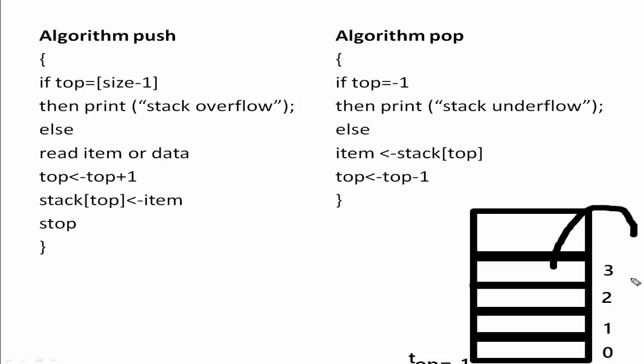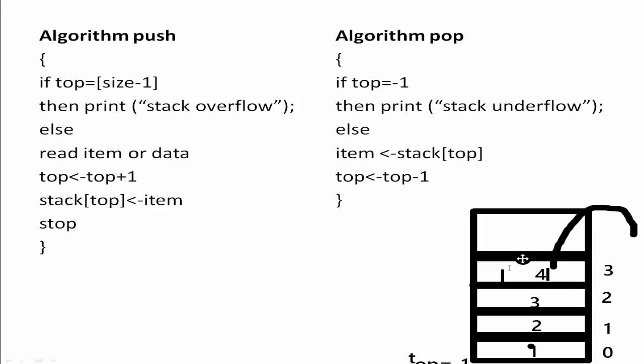So you have popped the element. Assume the elements are 1, 2, 3, 4. You have popped the element 4. 4 is popped right now. Now top will be decremented.